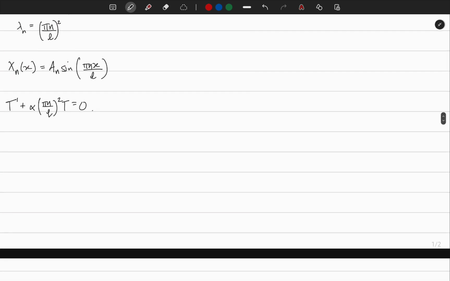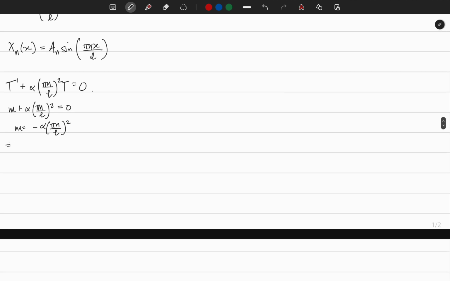This is simply a first order linear differential equation that is homogeneous. The characteristic equation here will be m plus alpha (pi n over L) squared is equal to 0. So m is really minus alpha (pi n over L) squared.